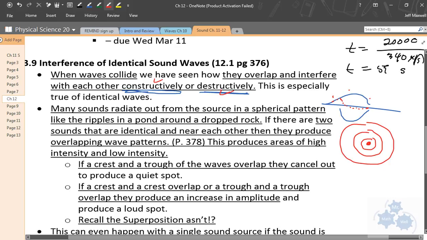Two sounds that are identical and near each other will produce overlapping wave patterns. You can check your textbook for an overlapping wave pattern diagram. This produces areas of high intensity and low intensity.